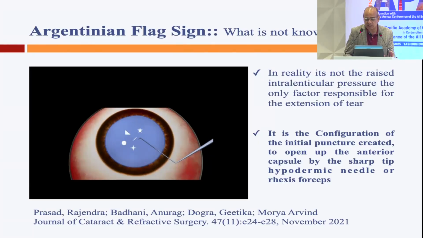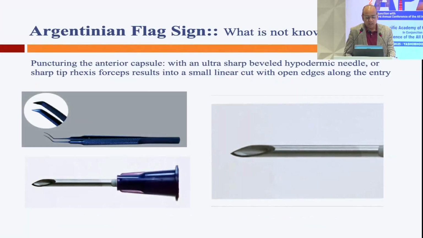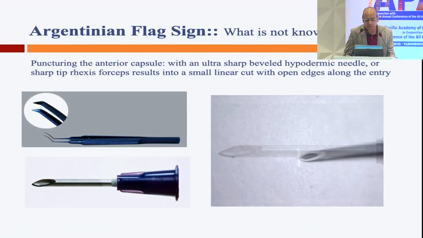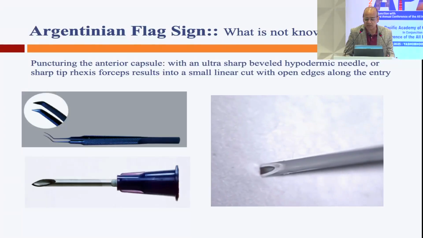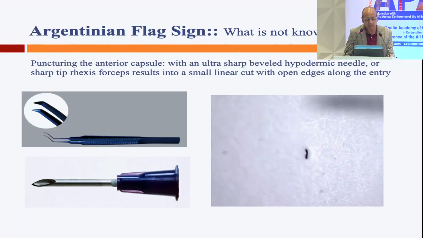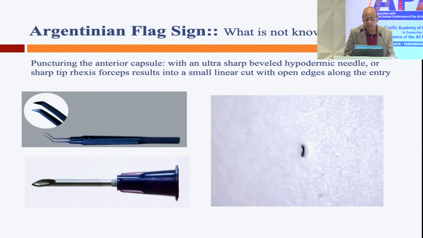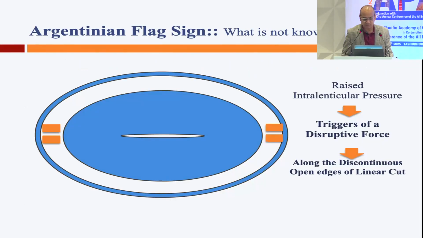In reality, the raised intralenticular pressure is not the only factor responsible for the extension of the tear. It is the configuration of the initial puncture created to open up the anterior capsule by the sharp tip hypodermic needle or the rhexis forceps. So when we puncture the anterior capsule with an ultra sharp beveled hypodermic needle or sharp tip rhexis forceps, it results in a small linear cut with open edges along the entry.